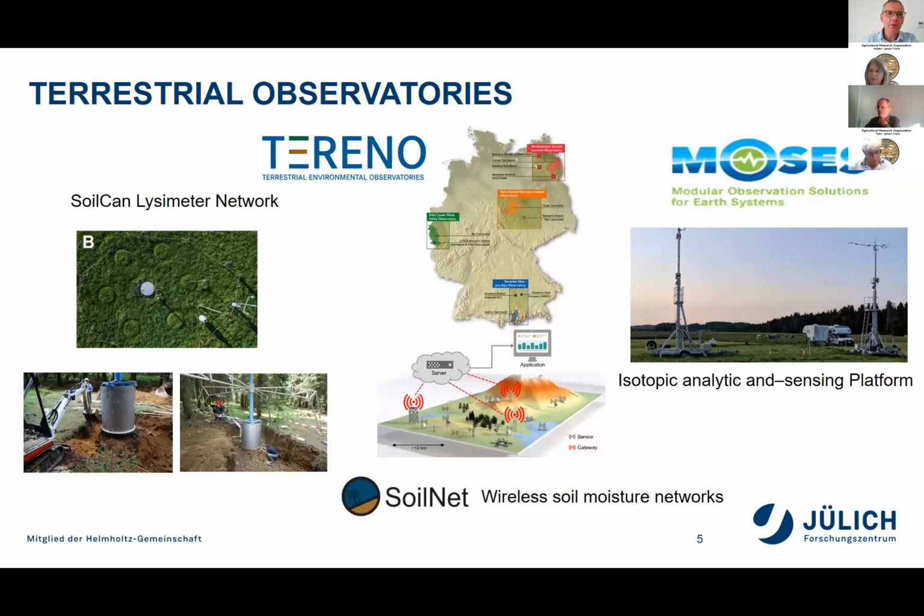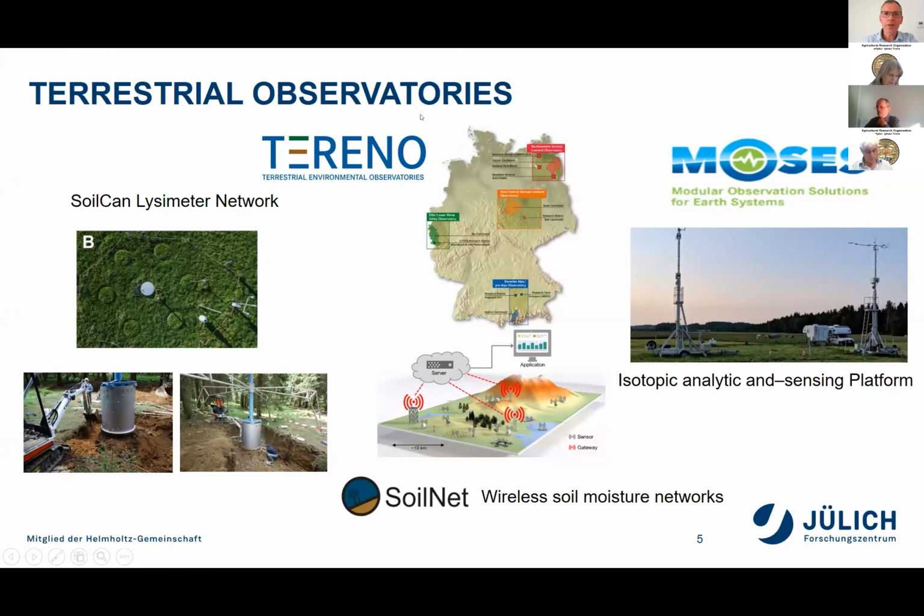One component of this network is our soil lysimeter network, where we installed around 120 undisturbed soil monoliths across Germany to investigate in more detail water fluxes and solute fluxes in the soil atmosphere system.